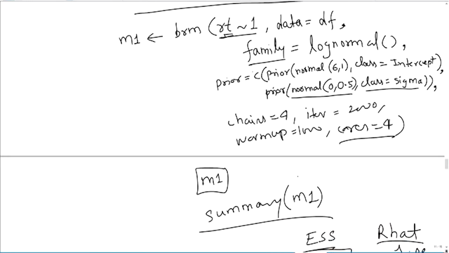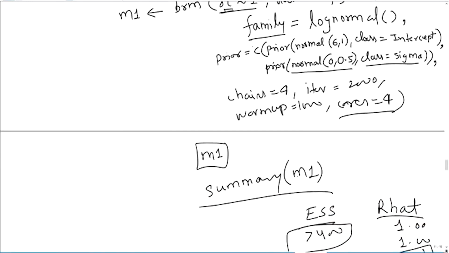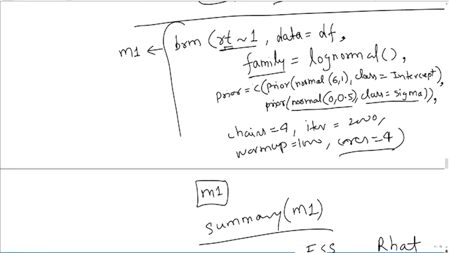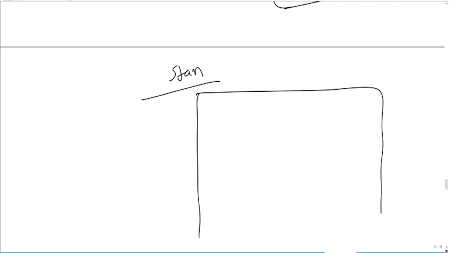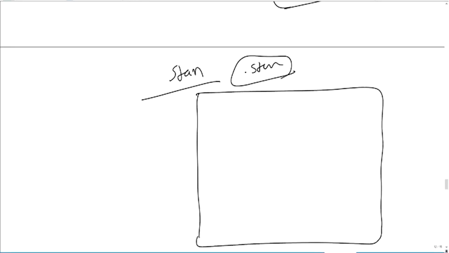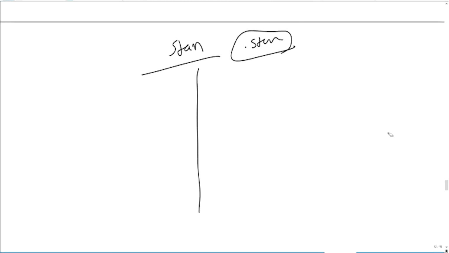Okay. Now, what BRMS is doing in the background is implementing this model in Stan. It is writing this model in the Stan interface. How does it write in the Stan interface? This is what a Stan interface looks like. It creates a .stan file, or a Stan program, where you need to define these things.